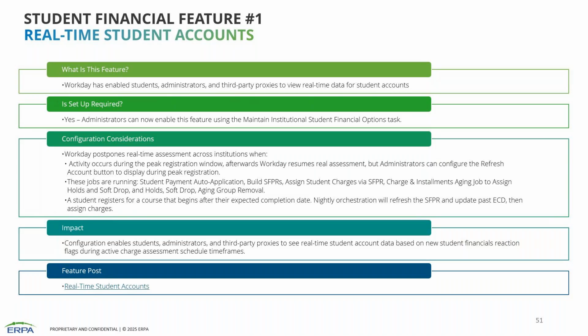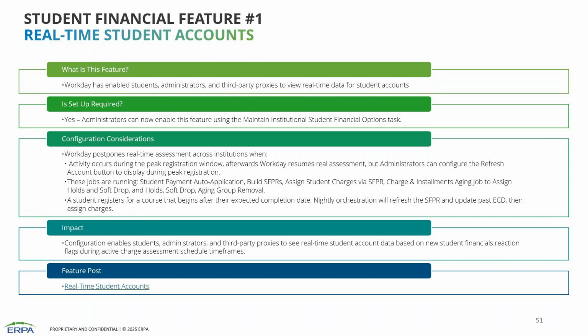Now, with this update, there'll be less confusion from the user perspective, less discrepancies, less outdated data. This will allow administrators and students to take immediate and accurate steps when reviewing a student's account. To make this happen, administrators simply need to enable this feature using the Maintain Student Financials task.